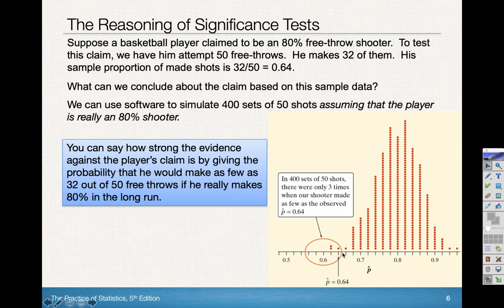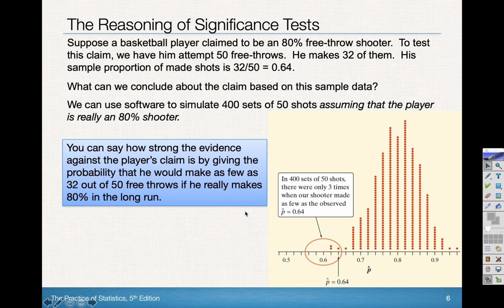And because we got a sample proportion of 0.64, you will see these are all the times I would have shot 64% or lower if I was really an 80% free throw shooter.